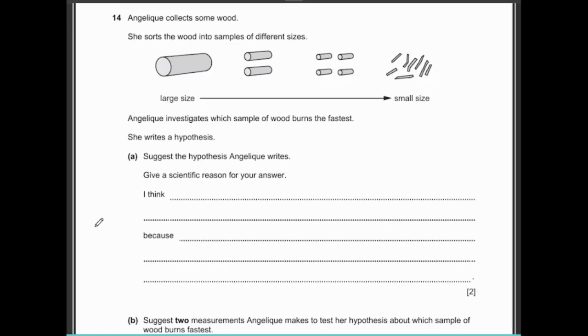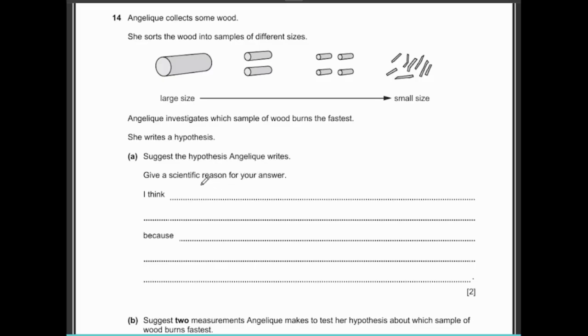Suggest the hypothesis, give a scientific reason, and so what do you think in this? Fine, so let's see. I hope you got your answer, or you have made some hypothesis here. So let's see here what we get. Suggest the hypothesis, what she writes here. Give a scientific reason for your answer, of course.